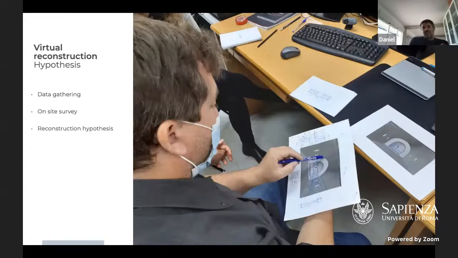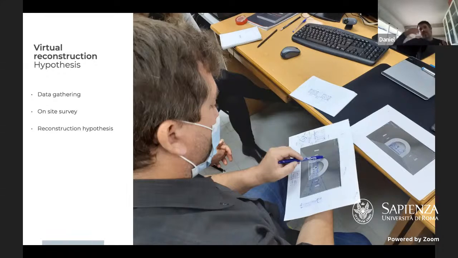At this point, I would say that this part is quite similar to any other archaeological research project, and therefore includes, on the one hand, the collection of information in the field, but also research and study, analyzing all the documentation, data and sources available.